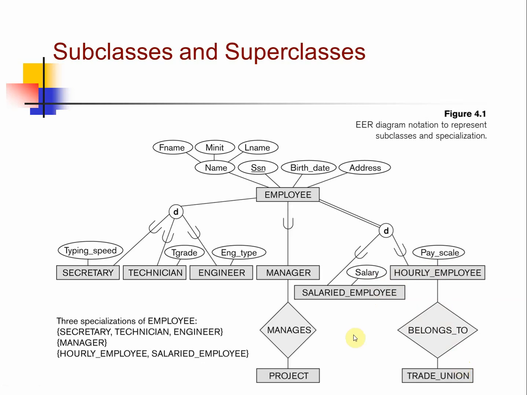So you can see that based on this EER diagram, of course, the difference is that you have the superclass and subclass concept. You may already notice, first of all, this special sign looks like a fork to me, and it indicates the superclass and subclass direction.